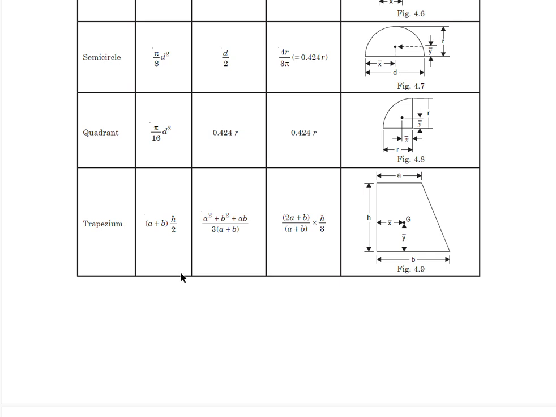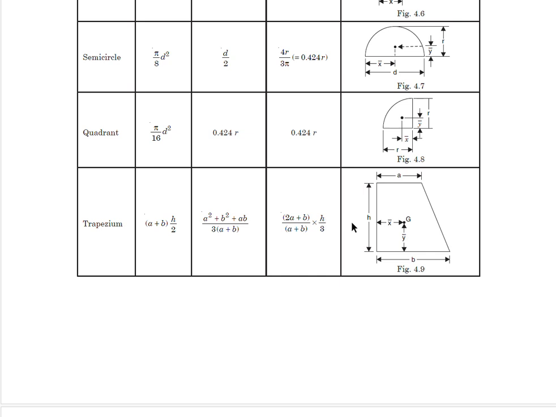And for a trapezium, with two parallel sides, one side being a and another b, and the perpendicular distance being h, the area is (a plus b) into h by 2. The location of the centroid from the lower left corner is (a square plus b square plus ab) divided by 3 into (a plus b), and along the y direction it is (2a plus b) divided by (a plus b) into h by 3.